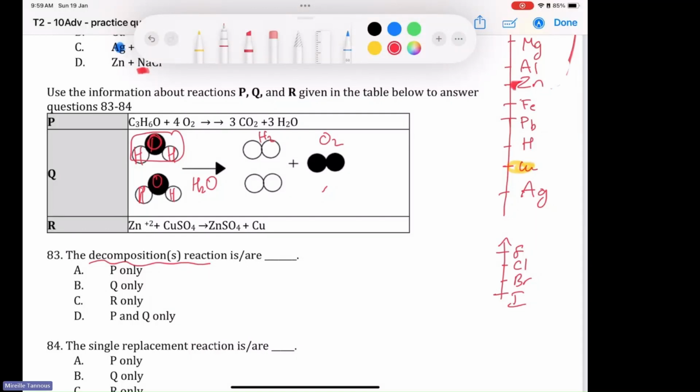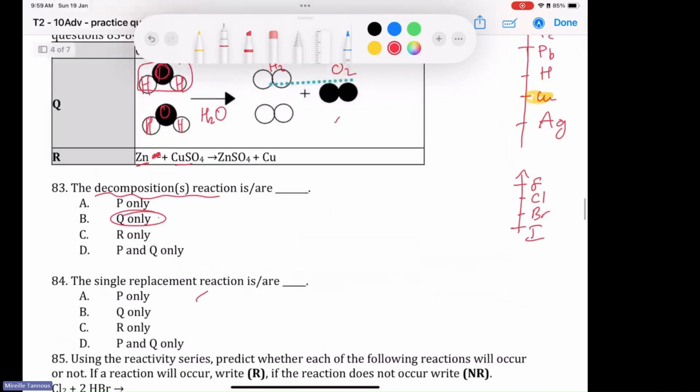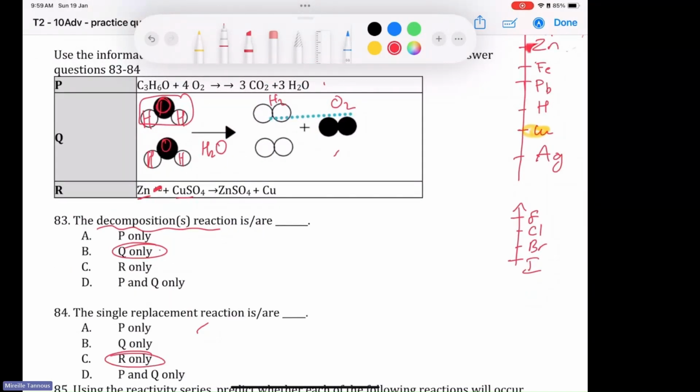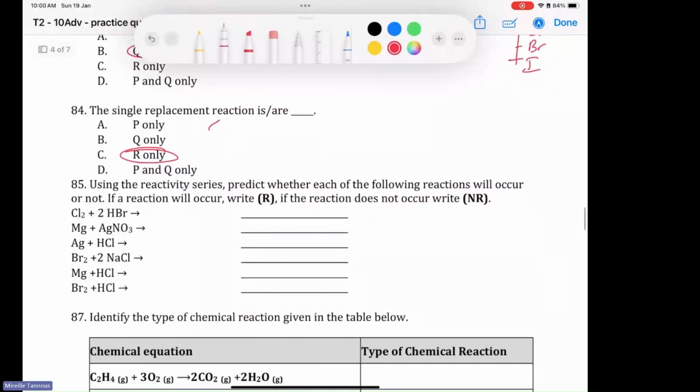Decomposition. Q. R is not a decomposition, it is a single displacement. P is a combustion. So it's only Q the answer. And the single replacement is the R. Next question.